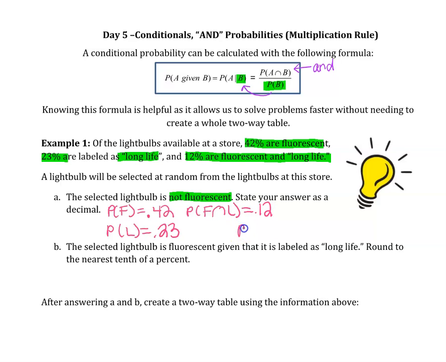Now, if they want the probability of not fluorescent, that's just got to be 1 minus the probability of them being fluorescent. So most of you guys can figure that out pretty quickly in your head. If there's a 42% chance of it being fluorescent, then there's a 58% chance of it not being fluorescent. And ultimately, that's just because I'm doing 1 minus 0.42.